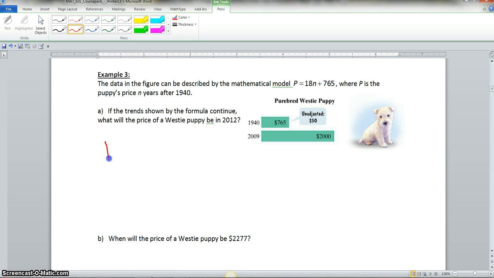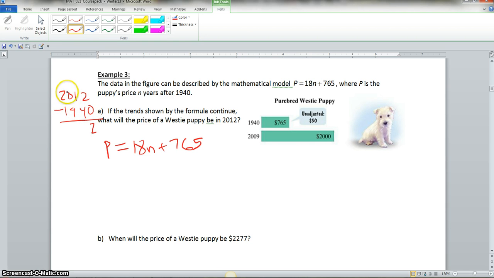So what we will have here is P is equal to 18n plus 765. Now what we need to do is go off to the side here, because we want the years since 1940. So what we could do is take 2012 minus 1940. So 2 minus 0 is 2. We cannot subtract 4 from 1.